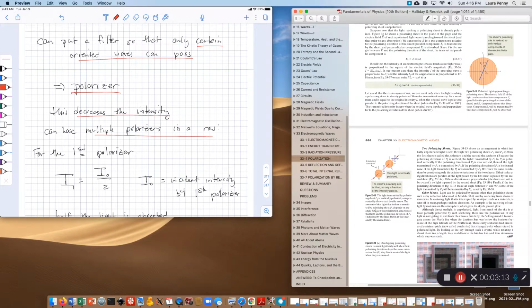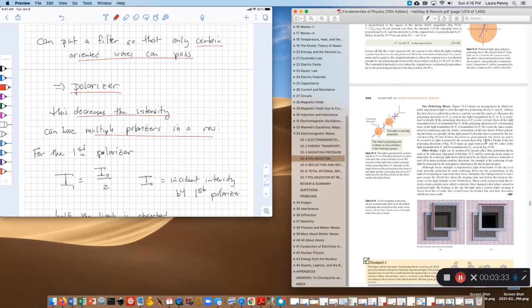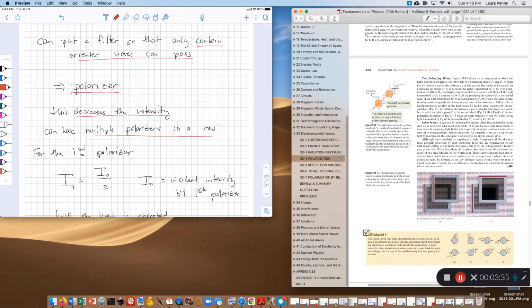In fact, if you put them completely perpendicular to each other, so here we have unpolarized light coming through, and then if we have a second polarizer that's perpendicular to the first one, which is not how this is showing, then no light would come through. If we turn this completely perpendicular, we'd have no light come through, and that's what's going on in this situation.